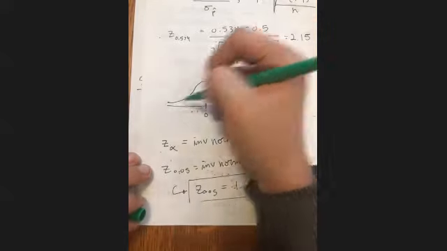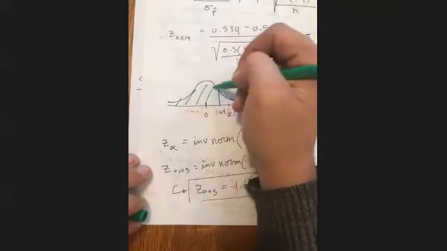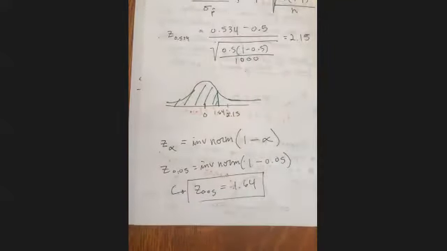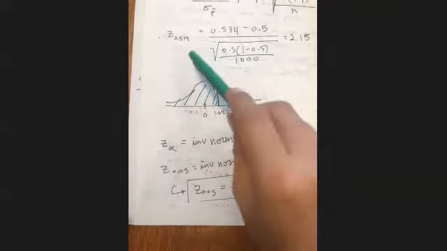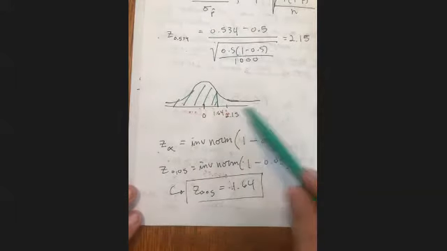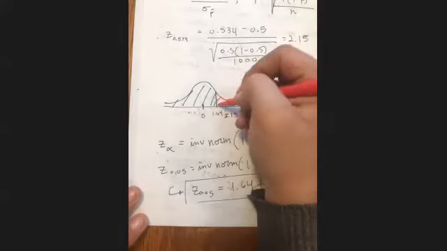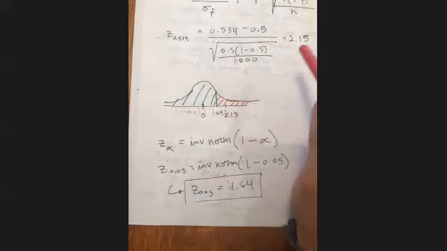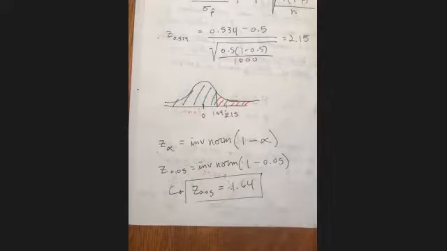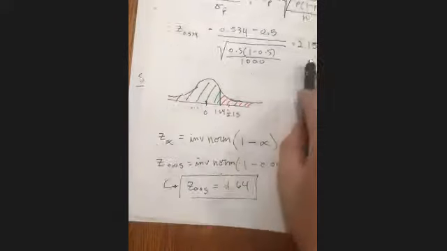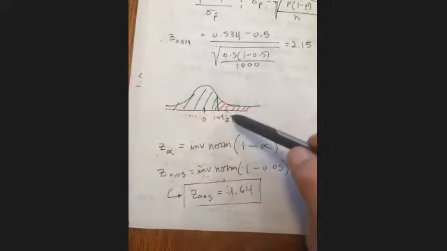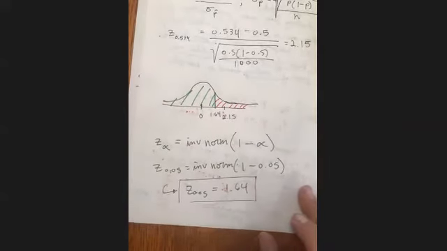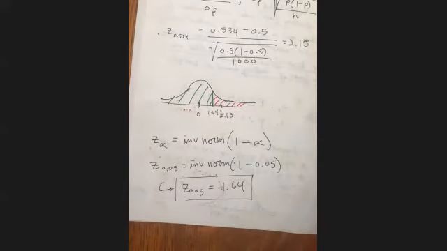We find that the Z transform for 0.534 was 2.15, and it fell within the red area. We call the red area the rejection region.